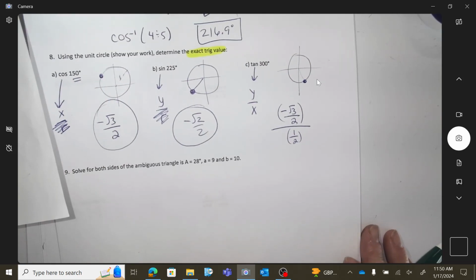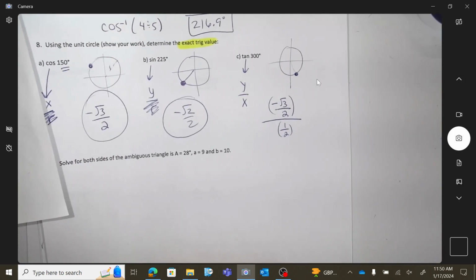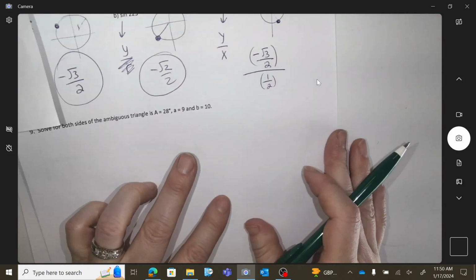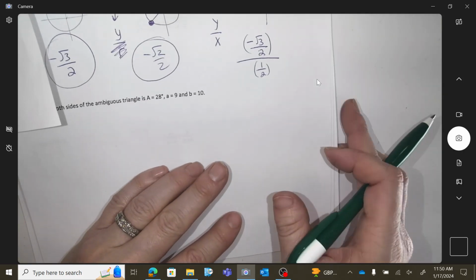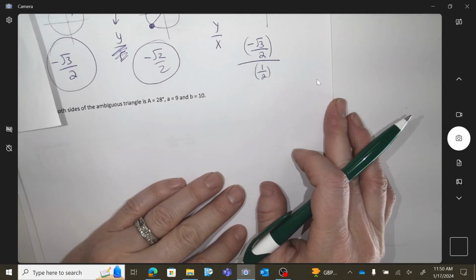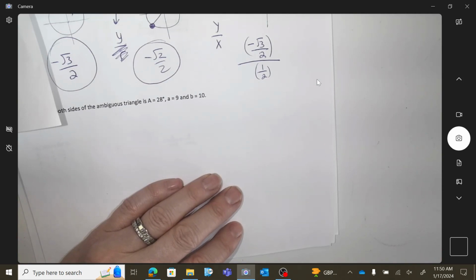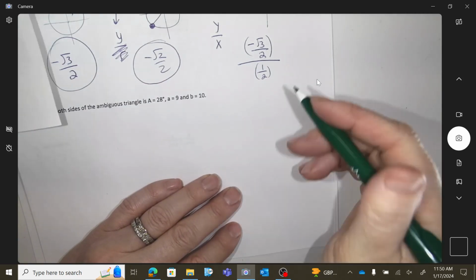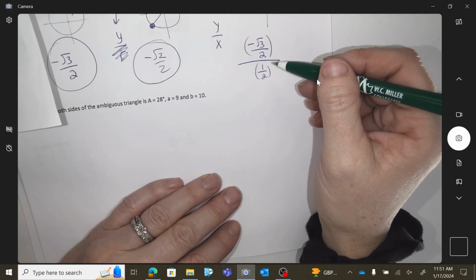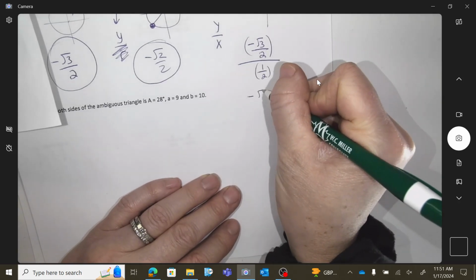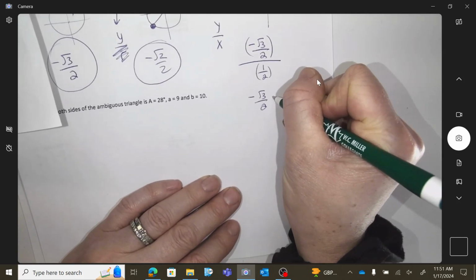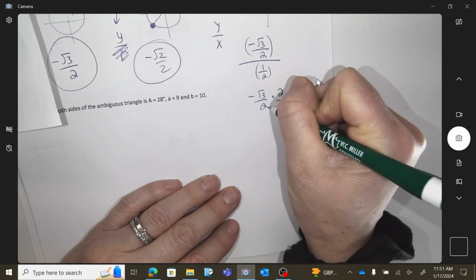So that's the y divided by the x. Would your final answer of this be positive or negative? My final answer is going to be negative, right? I'm going to multiply, flip.